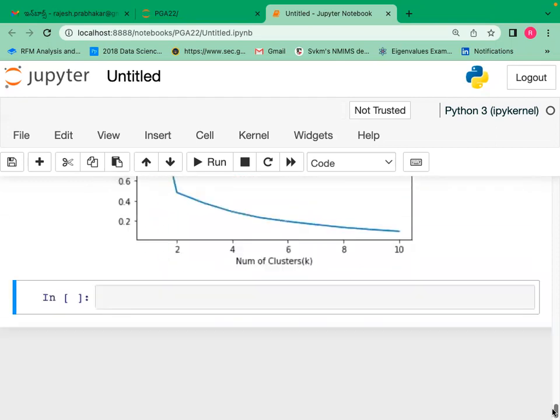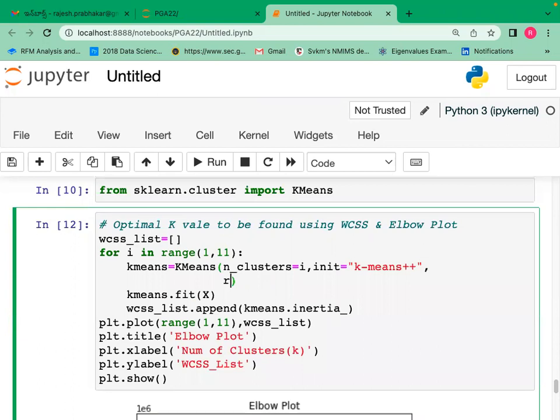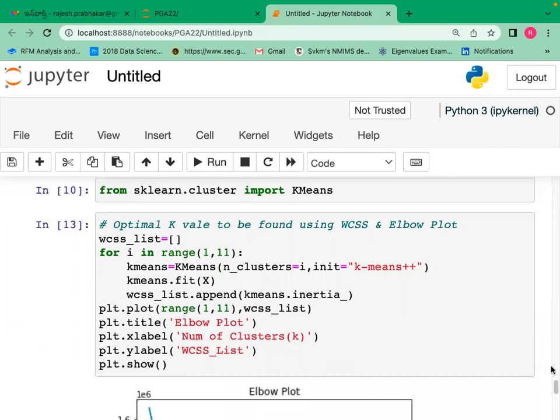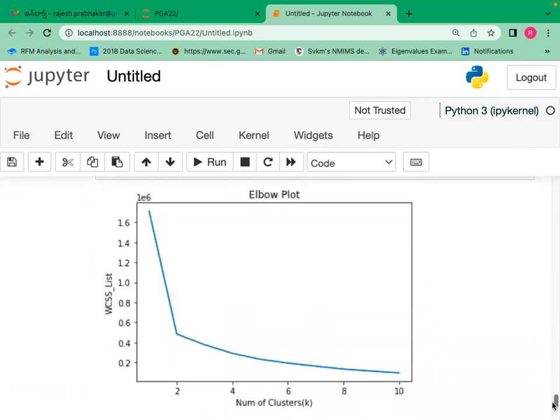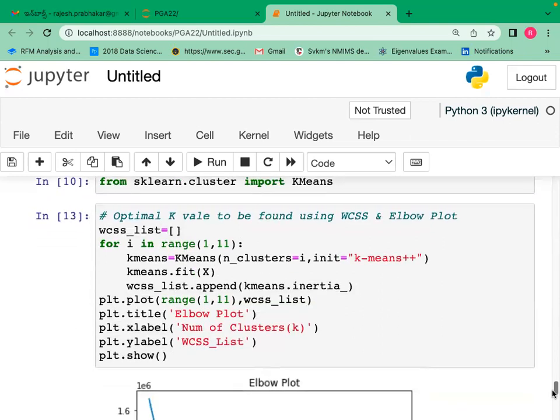What happened? We don't get the plot correctly. Let me remove random state. Okay, so this is the methodology for finding the K value.